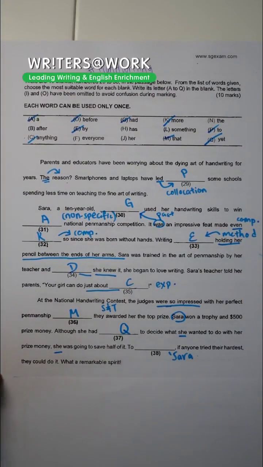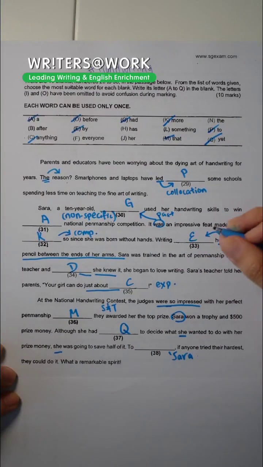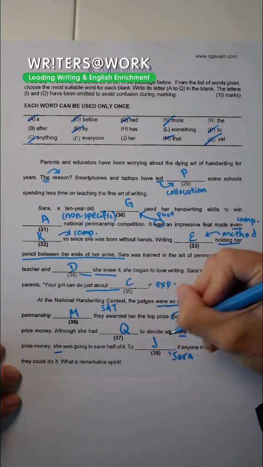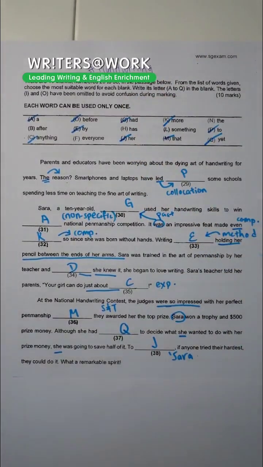So which pronoun over here is pointing specifically only at Sarah? Right, as pointed out by Is Mazo and Rock and Roll, I think managed to change in the nick of time. It is option J, to her. To her, if anyone tries their best, they can do it. What a remarkable spirit. Okay. So great job for getting the right answer to wrap up our grammar cloze passage.